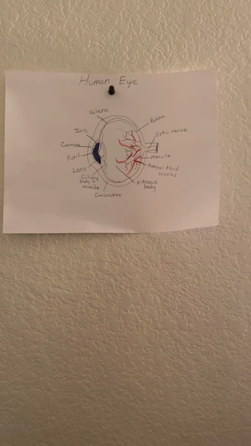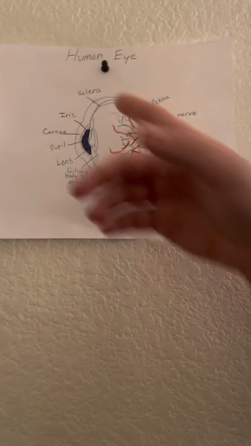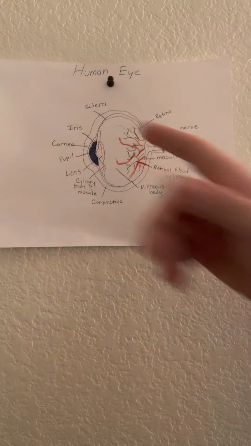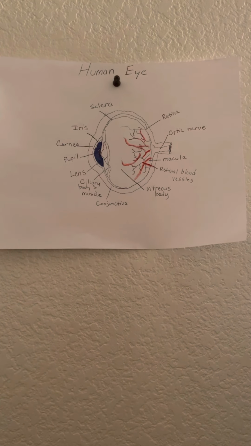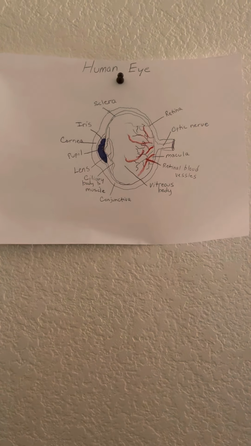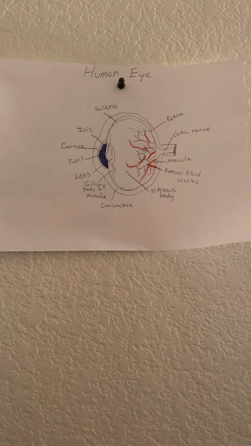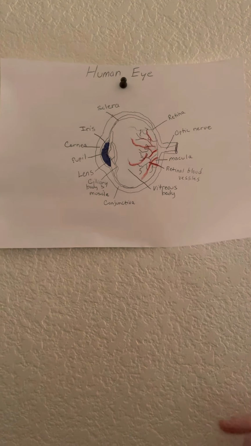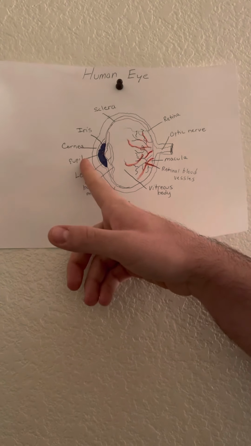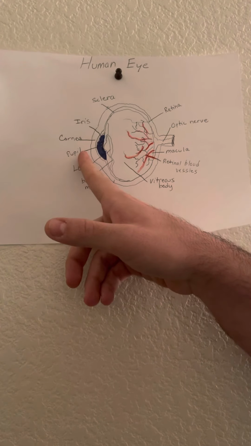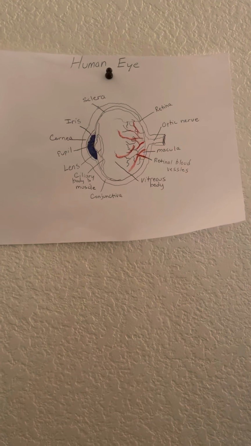So to further explain the functions of these, the sclera, located here, protects the internal structures of the eye, and the iris, which is right here below it, provides the eye with its color. The pupil allows light to enter the eye, and it regulates the amount of light entering it.